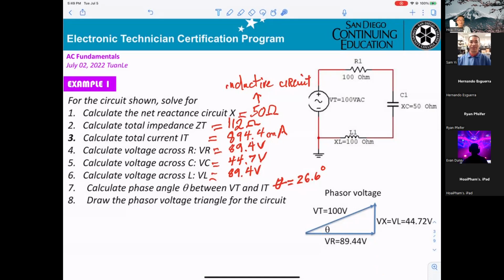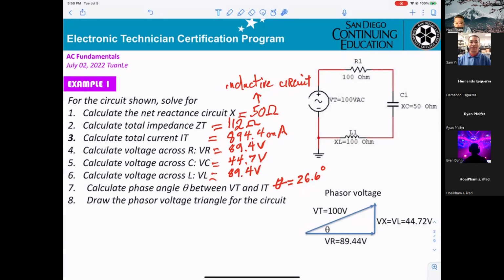Okay, so any question for example number 1? Anything confusing, anything not clear, just bring it up. Mr. Pham, if the circuit is inductive, the phase angle will be positive, X over R. That the phase angle will be 26.6, is it correct?